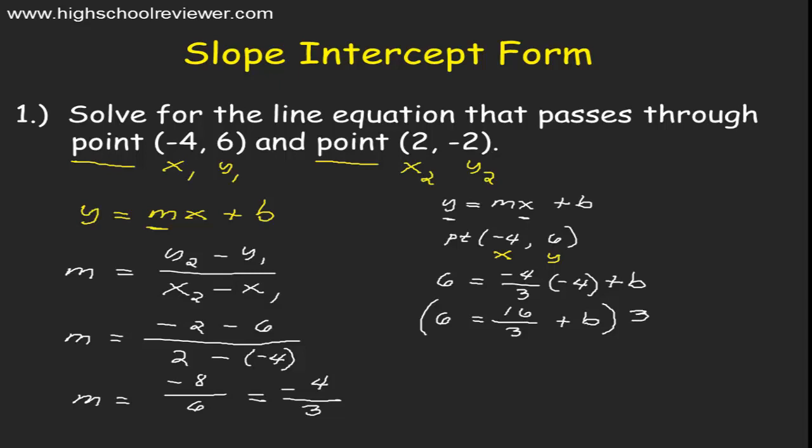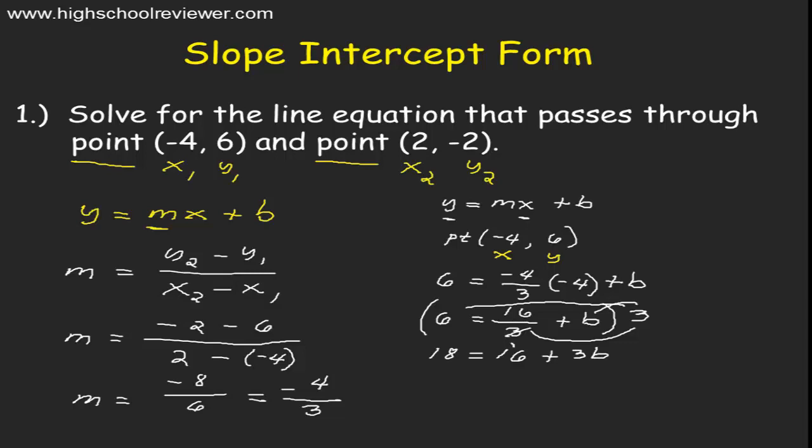So we have 6 times 3, that will be 18. And then 16 all over 3 times 3, this will become 1, since 3 divided by 3 is 1. So what will be left is 16 plus b multiplied by 3, that is 3b.